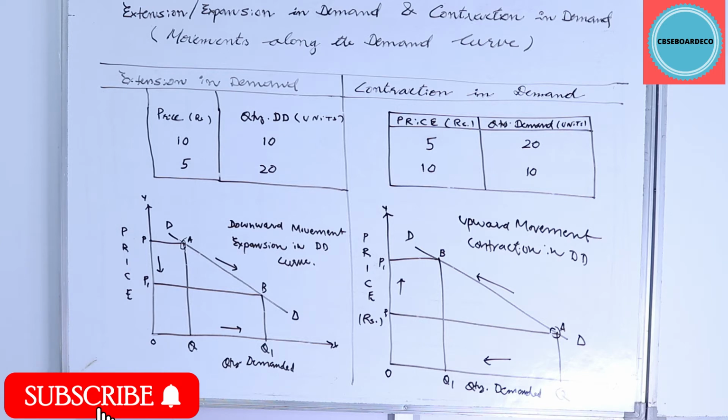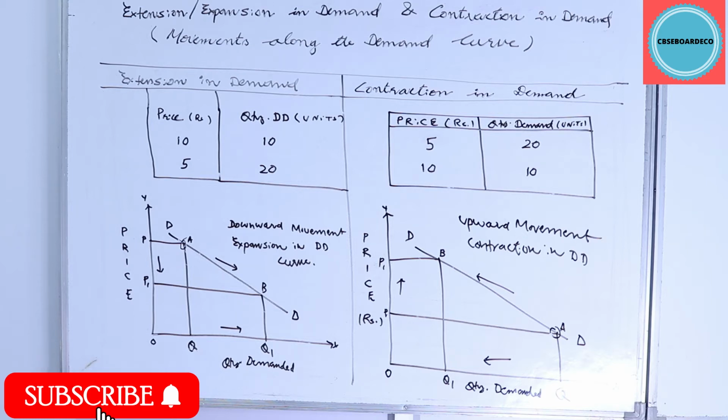Please follow it here. Differentiate between extension or expansion and contraction in demand, or explain the movement along the demand curve, or we call it also change in quantity demanded. The quantity demanded changed here.